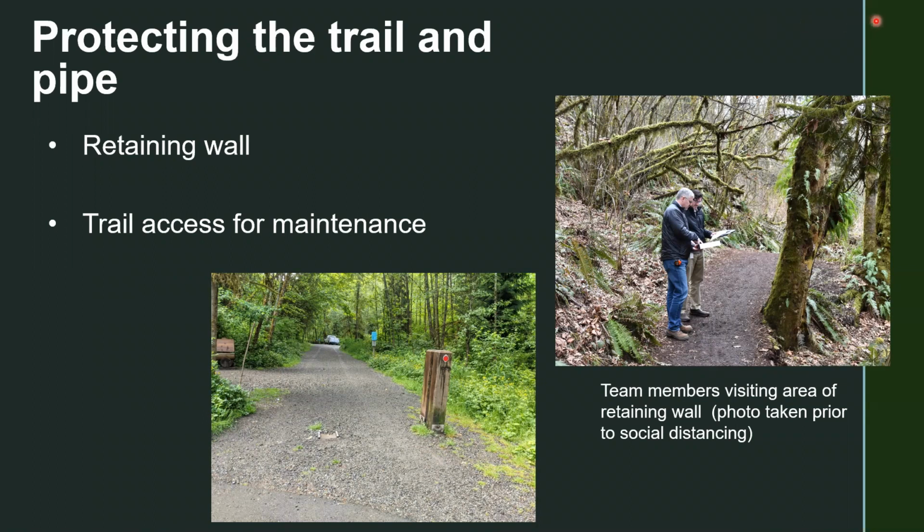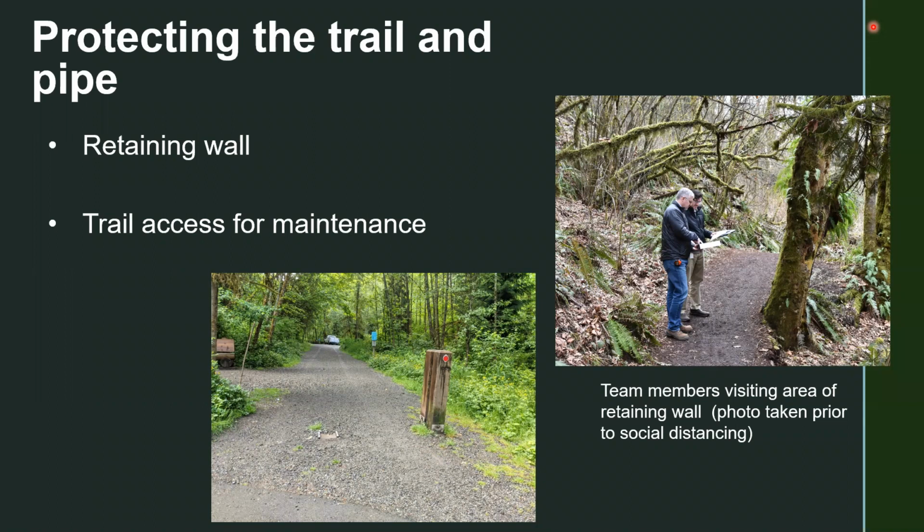And that was the southern end of the project, as you saw in that previous slide. What we will have here at the end of the project is a trail, a stream, and a pipe that all need to interact in relative harmony.